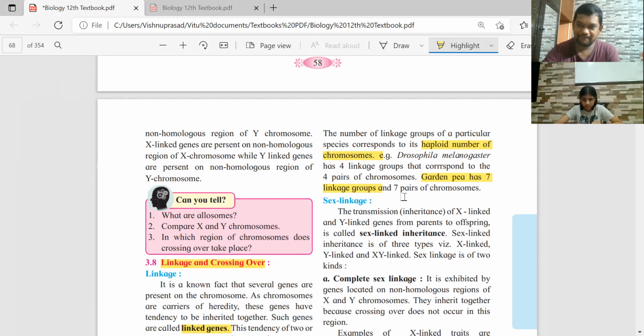Chromosomes have 7. Genes present on a single chromosome are said to form one linkage group. That's why the number of chromosomes in a haploid set is the number of the linkage groups. Easy to understand.